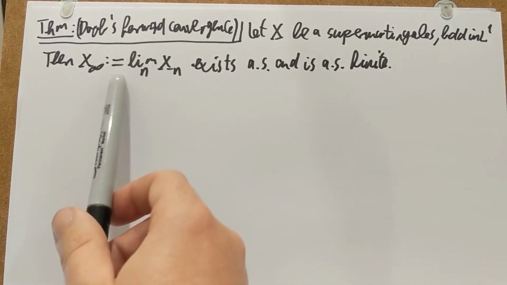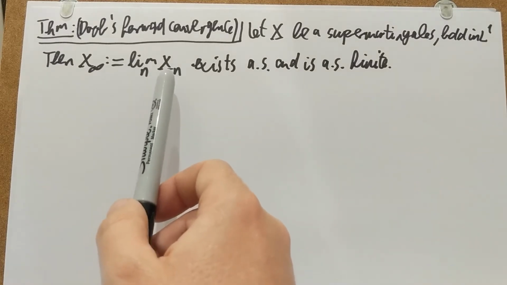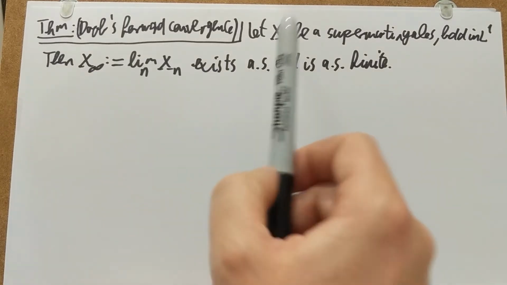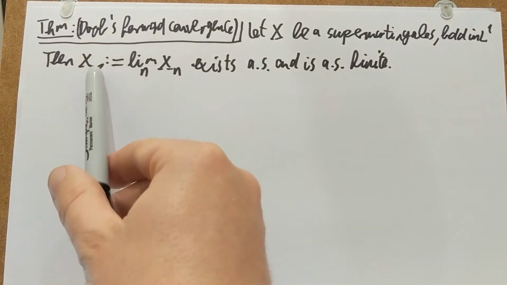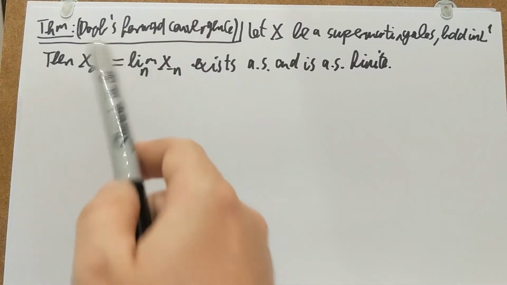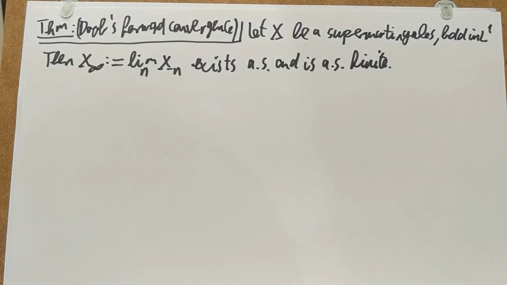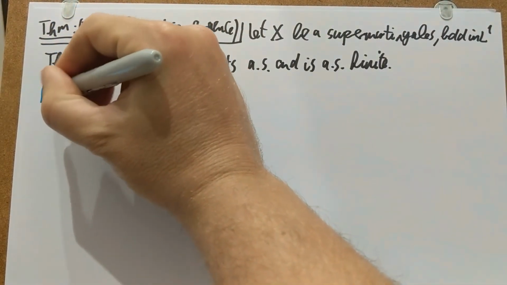In that case feel free to define this as a lim sup, and because these limits exist almost surely, then this lim sup, whereas being defined always, almost surely will also be equal to the limit. So if it bothers you that x infinity is defined only on a probability 1 set, then you feel free to define it as a lim sup, and then with probability 1 it is going to be equal to the limit.